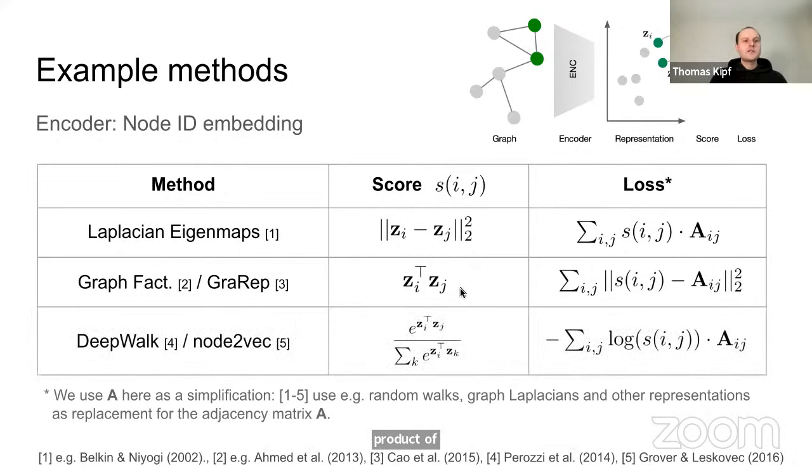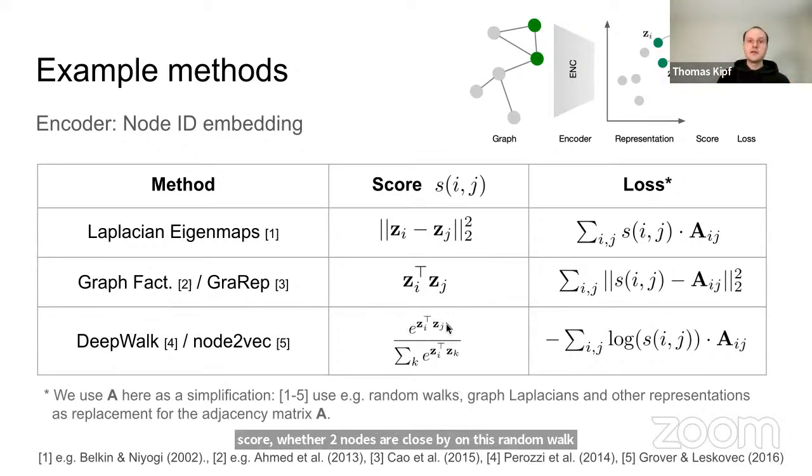Then there is maybe one of the more popular techniques these days, which is called DeepWalk or node2vec. They both use the same mechanism. Instead of looking at just pairs of nodes, they sample random walks on the graph, so basically paths on the graph. Then they score whether two nodes are close by on this random walk or far away.